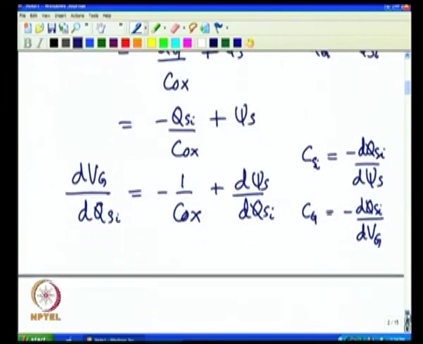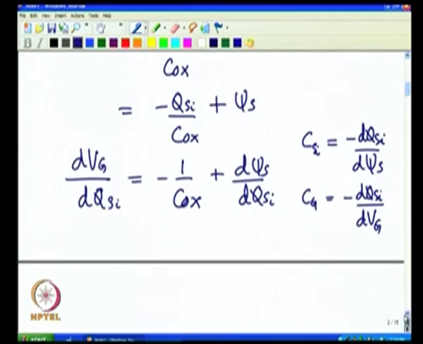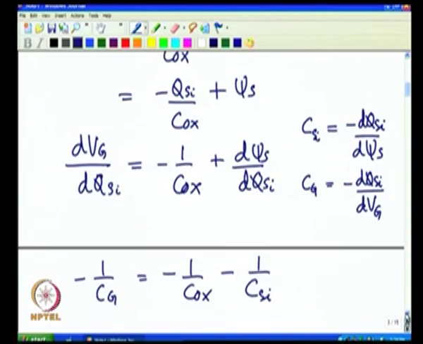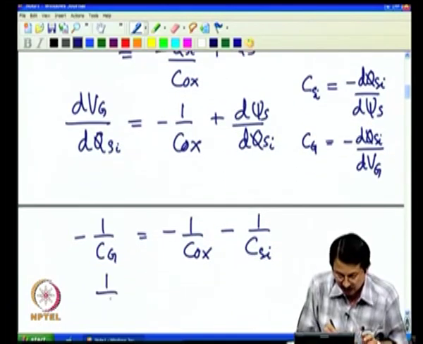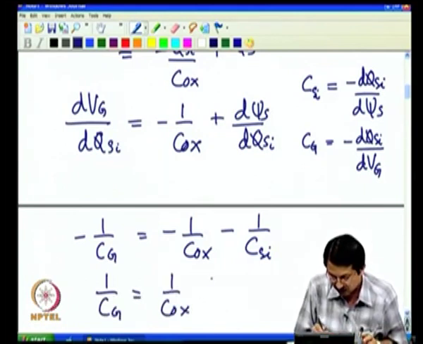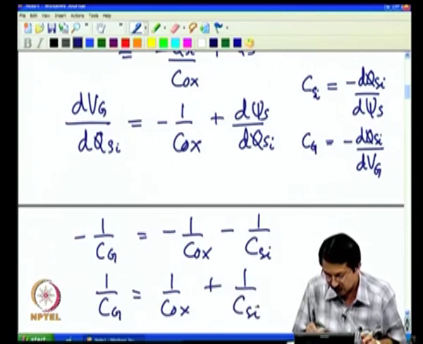In other words, if you now make use of this definition, what you have really got is minus 1 over Cg, because of this negative sign that I have, is minus 1 over Cox minus 1 over C silicon. In other words, all this has told you is that Cg is equal to 1 over Cox plus 1 over C silicon.